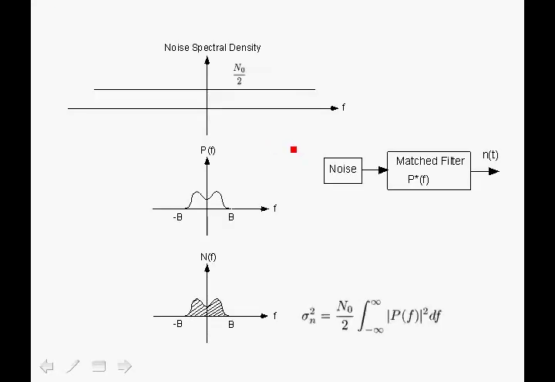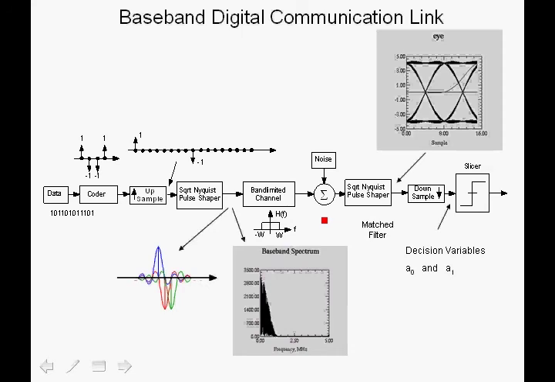Now here we want to analyze the output of the match filter with an input which is a white Gaussian noise process. Going back to the baseband digital communication link, we have the noise, which is additive white Gaussian noise, going through the match filter, the square root Nyquist pulse shaper, and we are interested in the output of the match filter due to the noise input.